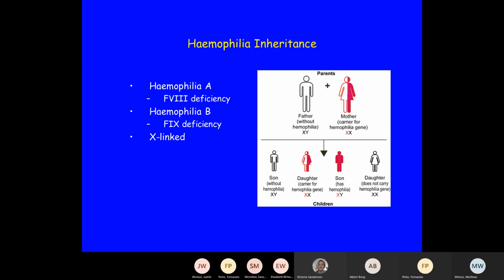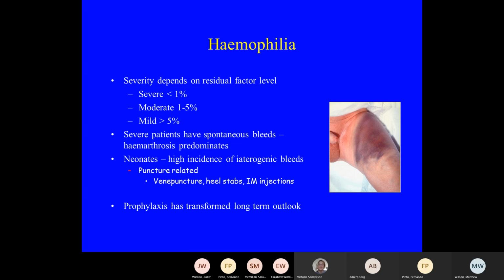If it's to a daughter, the daughter will be a carrier. If it's to a son, he will be hemizygous for that mutation, because he will only carry that chromosome X, and he will be an affected hemophiliac. Next.